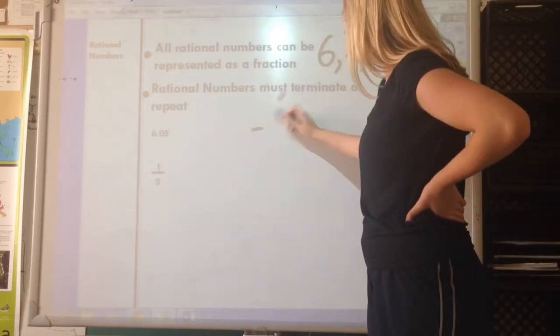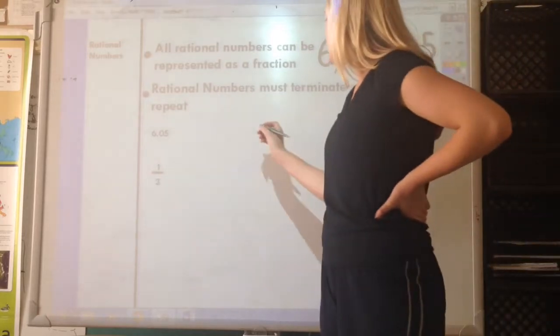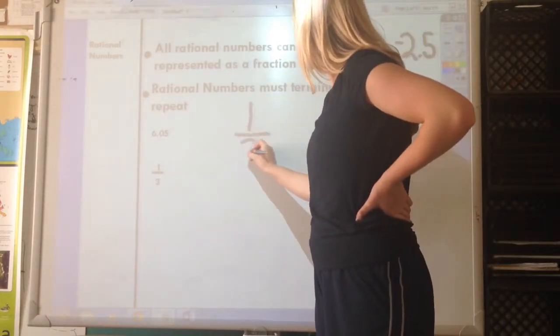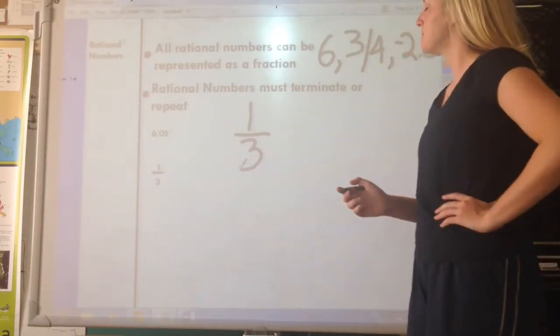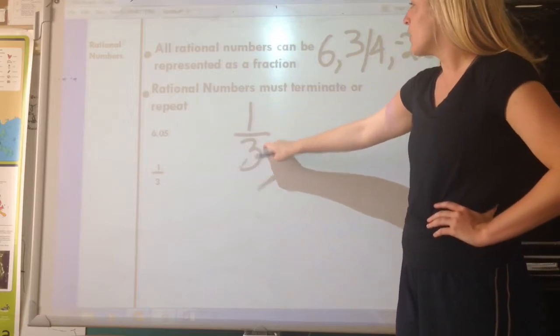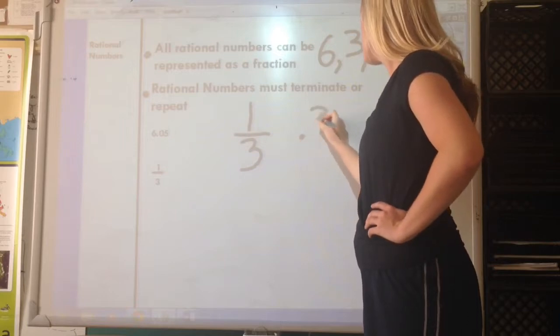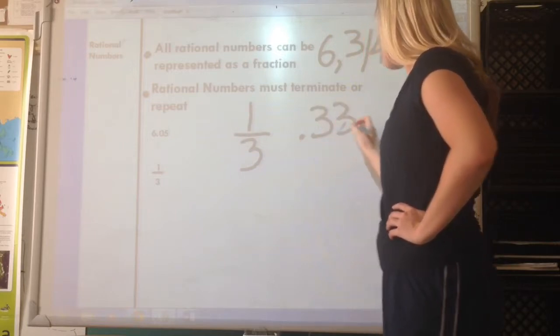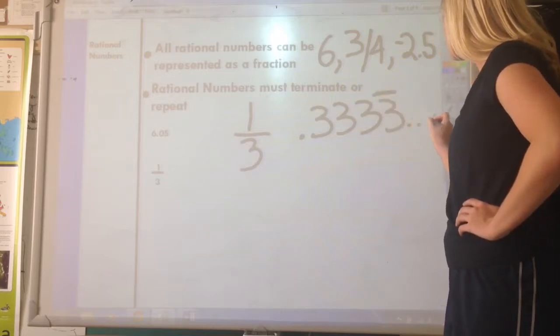All right, let's talk about rational numbers that do not terminate. If I had 1/3, this is the most famous example of a rational number that repeats. I know that it's a fraction, so it must be rational. But if I were to rewrite this as a decimal, it would be 0.33 forever and ever and ever.